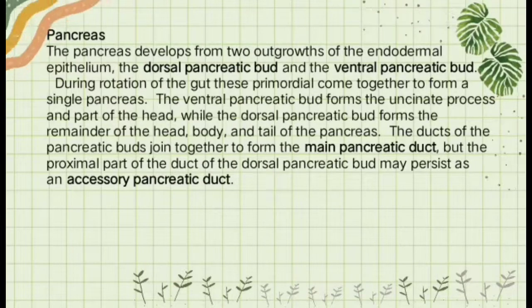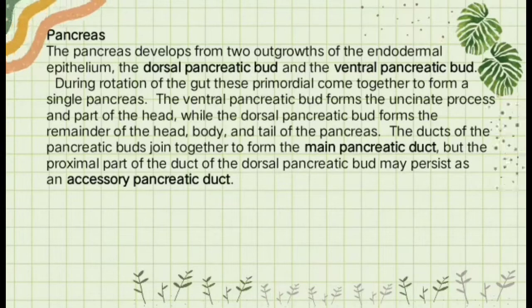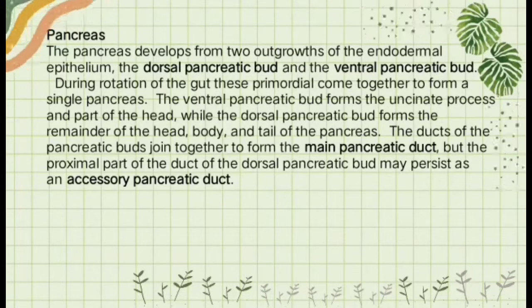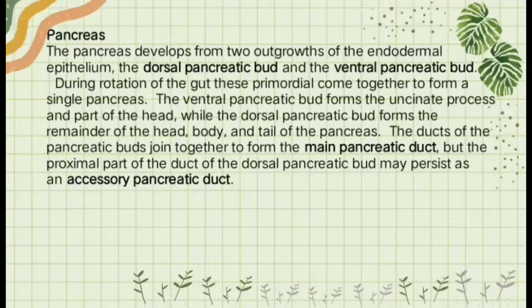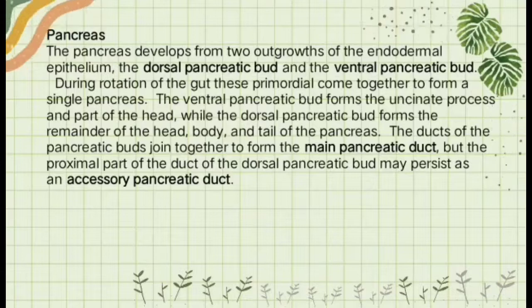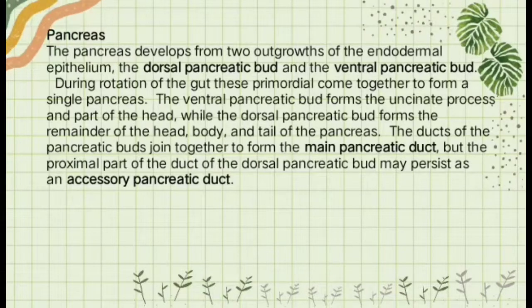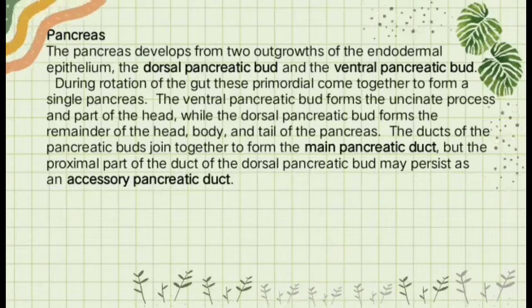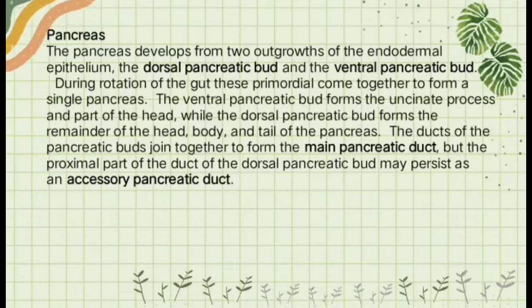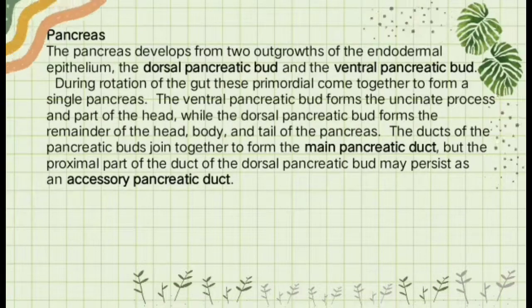The ventral pancreatic bud forms the uncinate process and part of the head, while the dorsal pancreatic bud forms the remainder of the head, body, and tail of the pancreas. The ducts of the pancreatic buds join together to form the main pancreatic duct, but the proximal part of the duct of the dorsal pancreatic bud may persist as an accessory pancreatic duct.